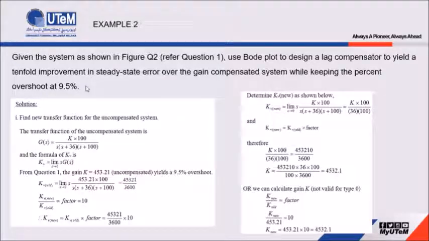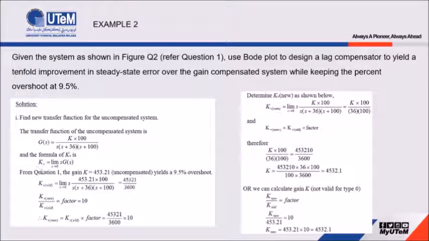To solve this problem, first we have to find the transfer function for the uncompensated system without the compensator, where G(s) is equal to K times 100 divided by s times (s plus 36) times (s plus 100), the same as in the previous example. Because we want to improve the steady state error, we have to find the static error constant.